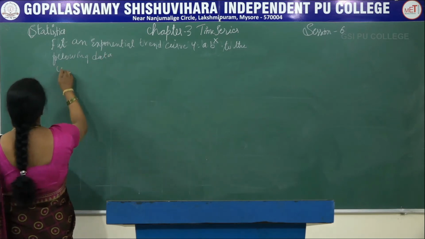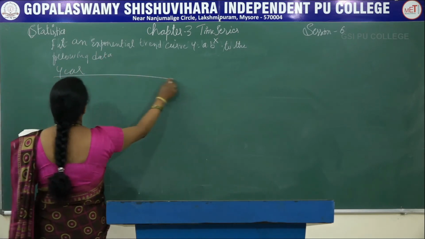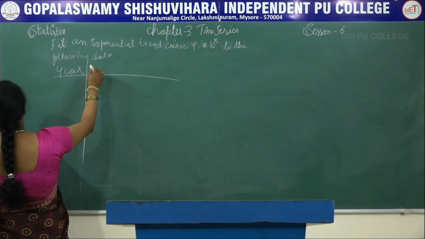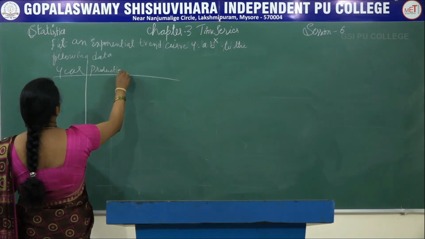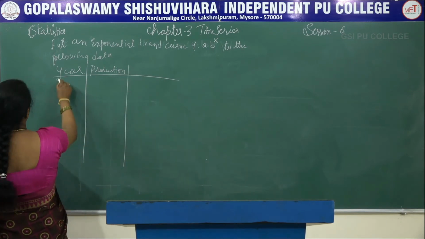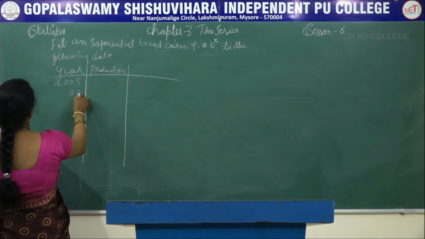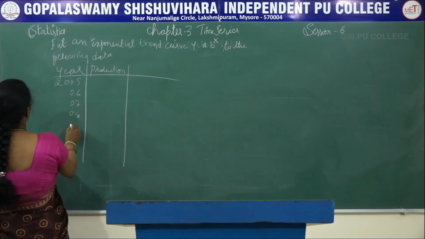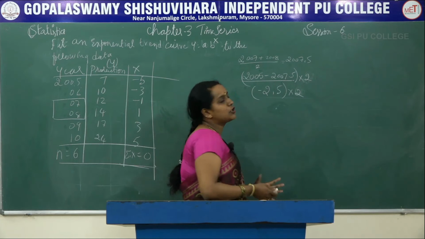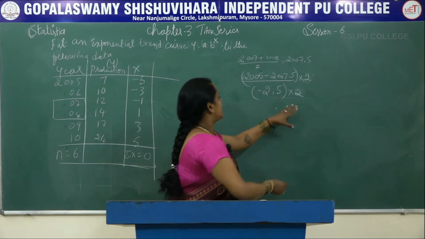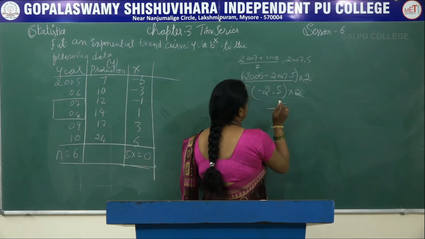This is the data they have given here, the production, for the years 2005, 6, 7, 8, 9 and 2010. So that you will get x as 2.5. If you multiply this by 2, it will be 5, minus 5.